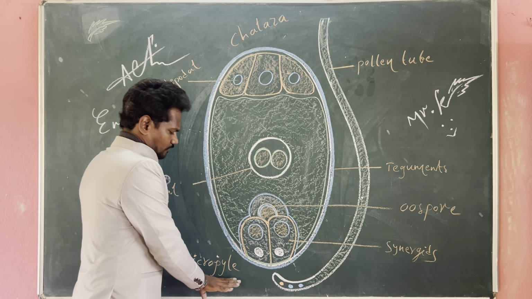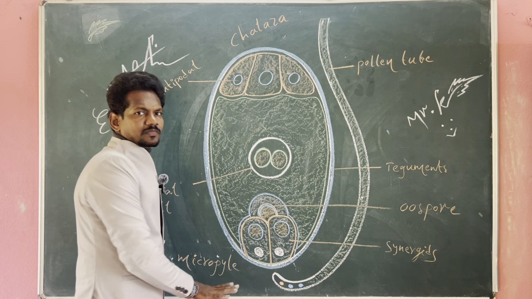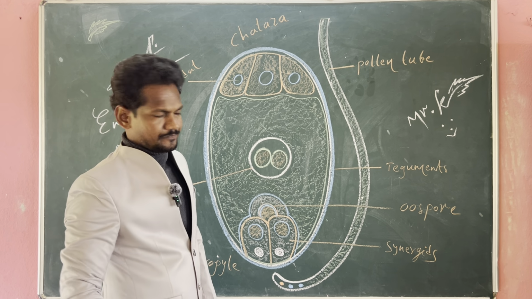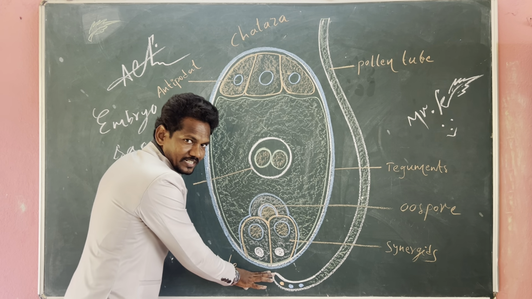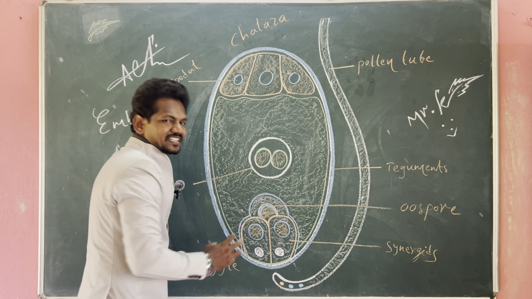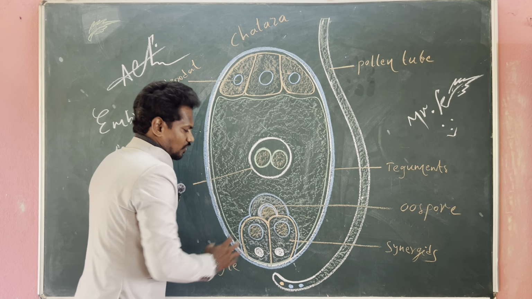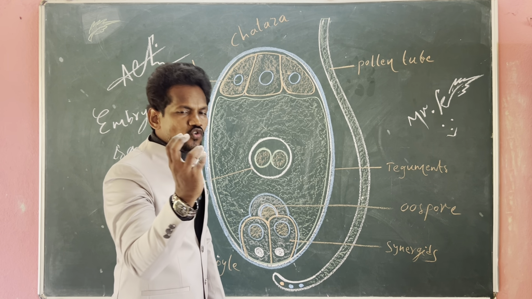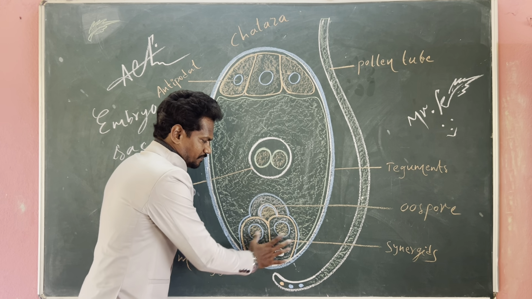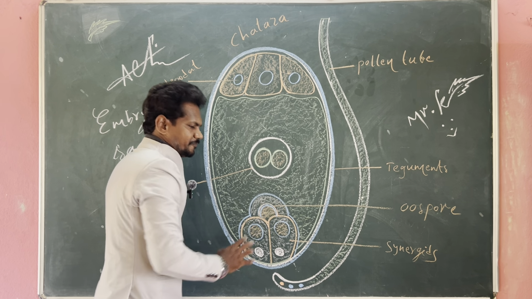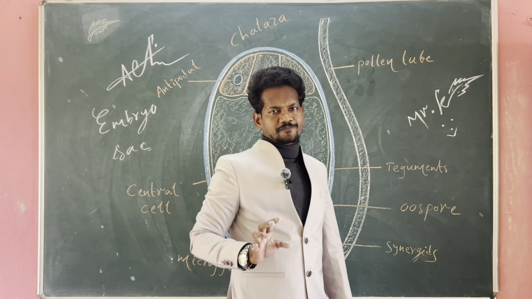First, we shall go from the micropylar end. At the micropylar end, 3 cells grouped together form the structure known as the egg apparatus.